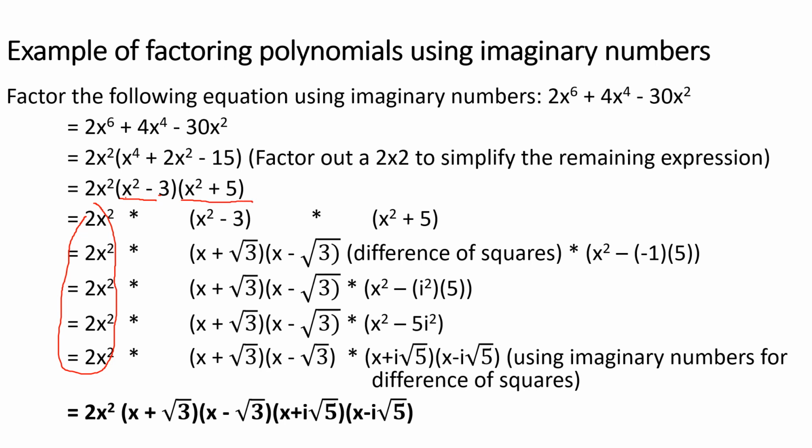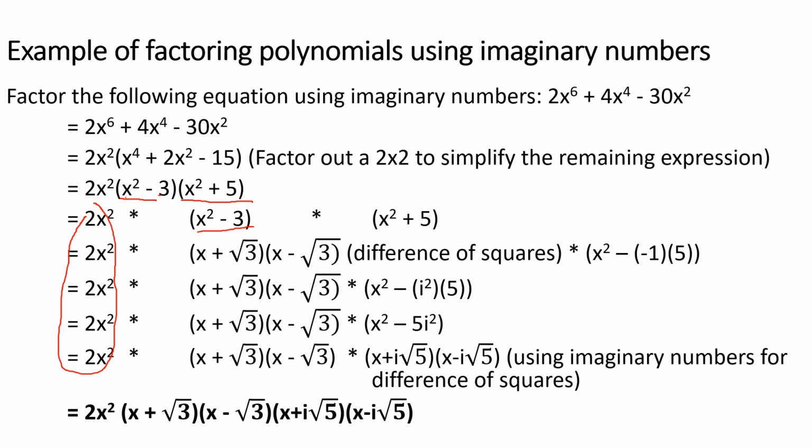Well, here's a difference of squares right here. It's an interesting difference of squares. We didn't have to convert into a complex number. X squared minus 3 is the same as x plus square root of 3 times x minus square root of 3. Because x times x is x squared. X times minus square root of 3 is minus square root of 3x.